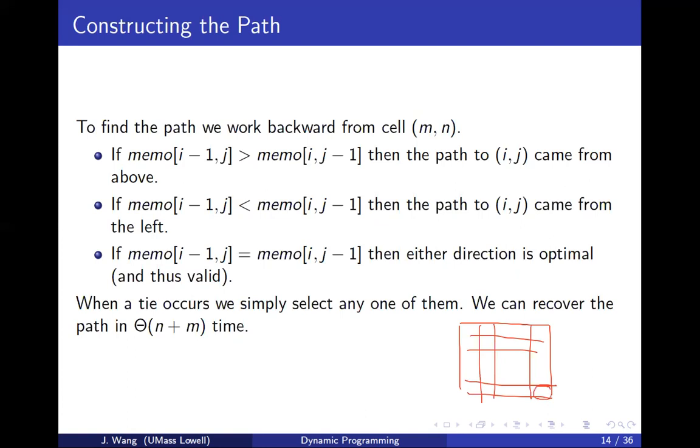What you are going to look at is 2 cells. No matter how you end up, you look at 2. So that means you don't have to look at all of them. For each place you go, you look at the left and the top. So the runtime is at most n plus m times a constant, for this path construction.